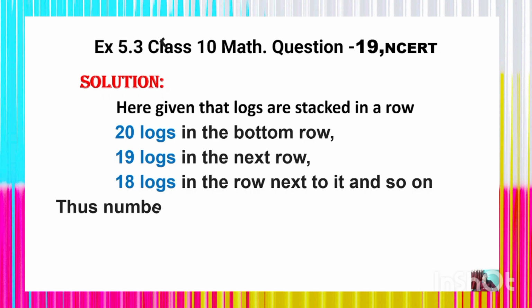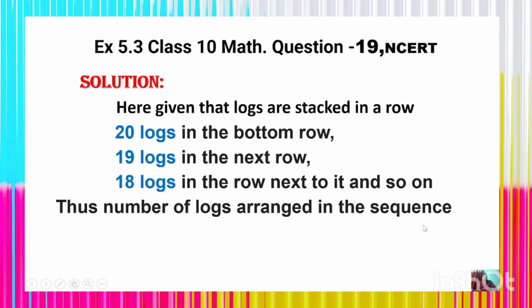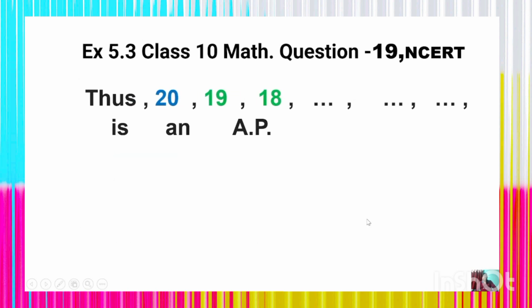Okay, let's see. Thus we get the number of logs arranged in the sequence 20, 19, 18, which is an arithmetic progression.